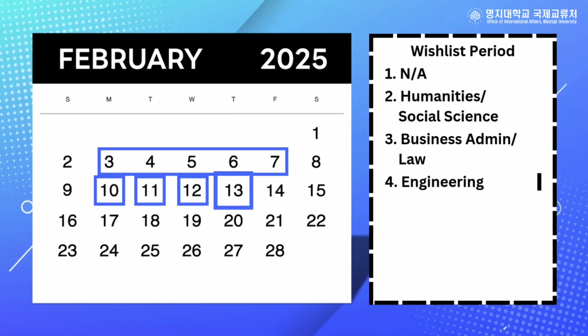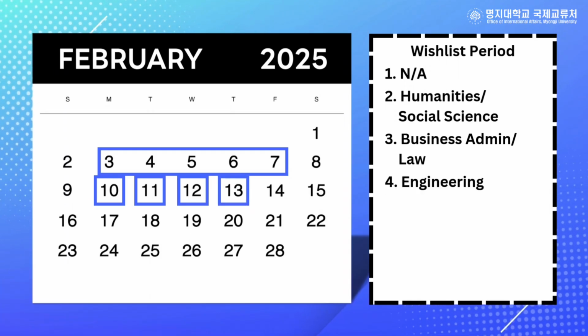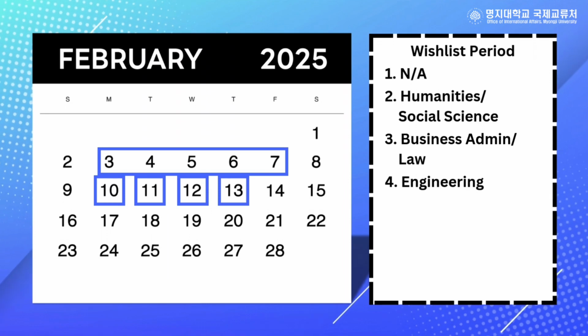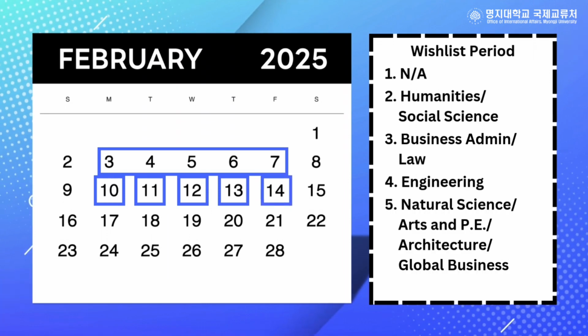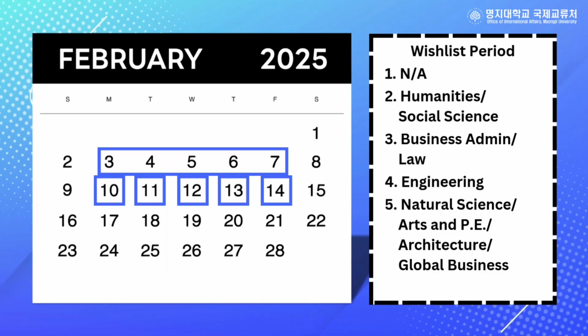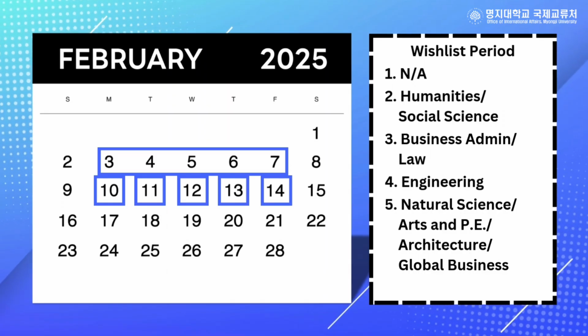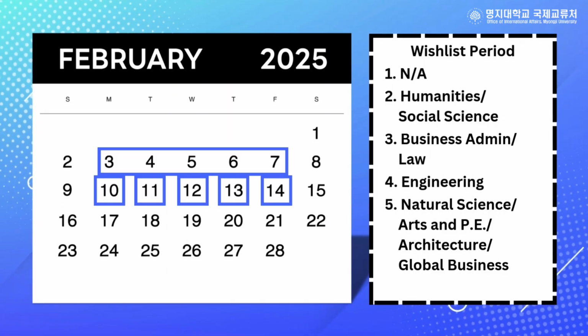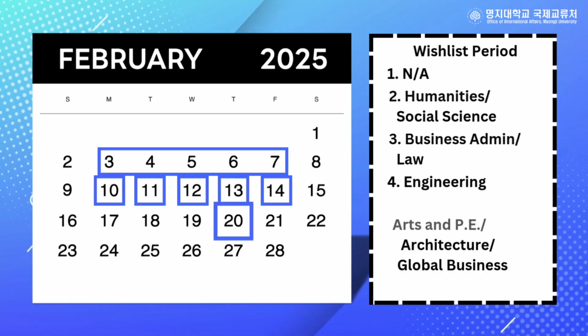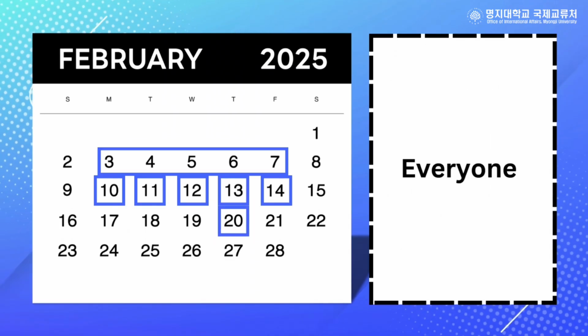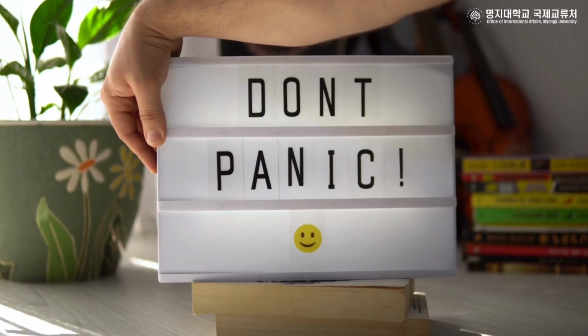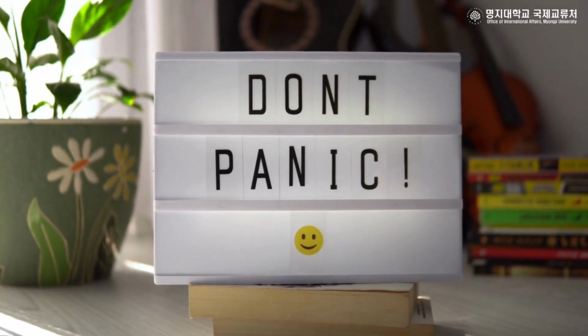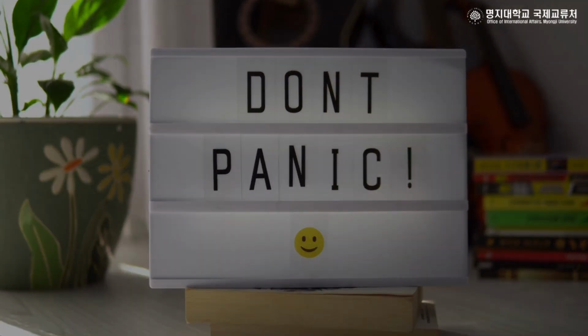The fourth day is reserved for engineering students. And the fifth day is for students in natural sciences, arts and physical education, architecture, and the global business. After a few days, registration opens to everyone. So if you miss out on a course earlier, don't panic, you'll have another chance.